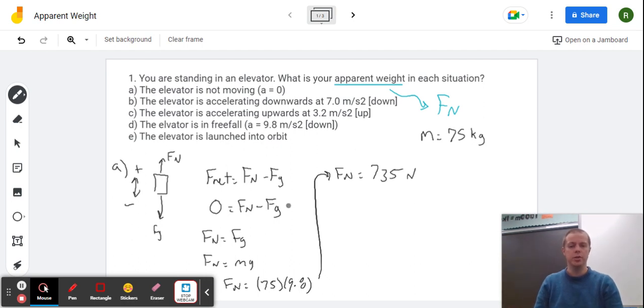If there's no acceleration, your apparent weight is just your weight. You feel normal. If you are accelerating downwards, you're going to feel lighter. If you are accelerating upwards, you are going to feel heavier. If you are accelerating at the rate of gravity, you are in free fall and you are going to feel weightless. And same thing if an object is in orbit.